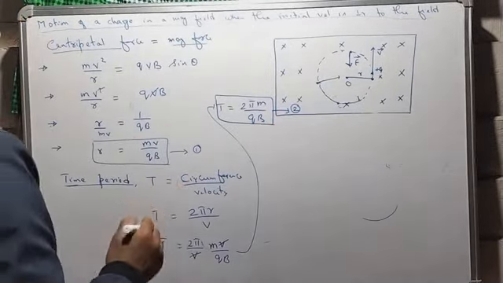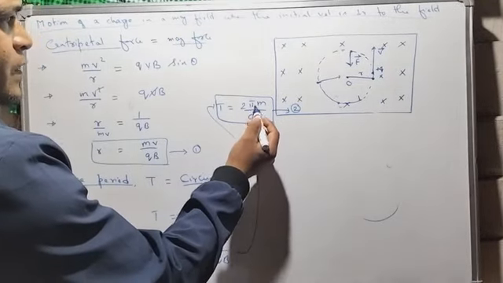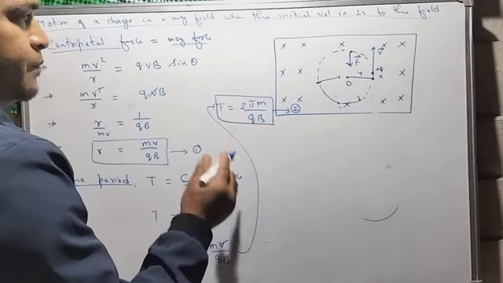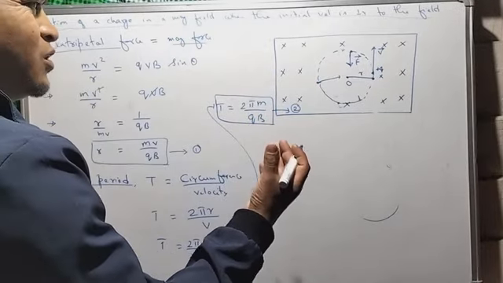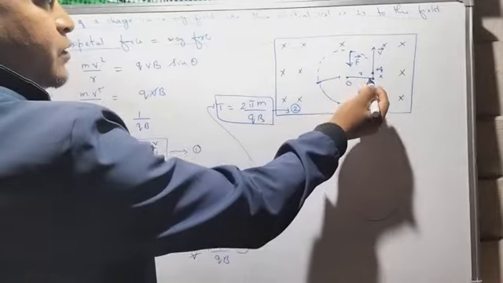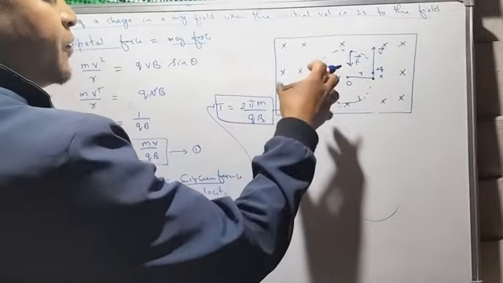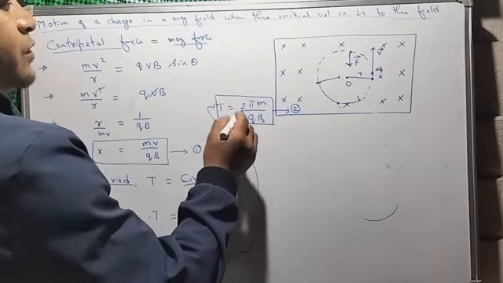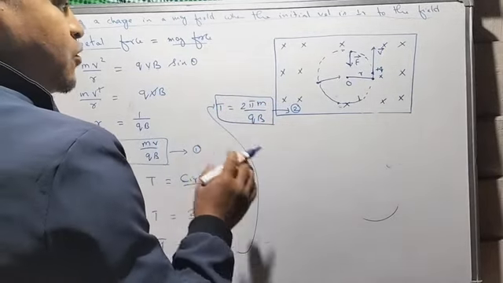Now from this equation 2, we see that the right hand side is a constant quantity, because 2 pi is a number, m, the mass of the charge, is also a constant, and the charge of this particle is also constant. Even the magnetic field which you are applying perpendicular to the board is a known quantity. So all quantities on the right hand side of equation 2 are constant.